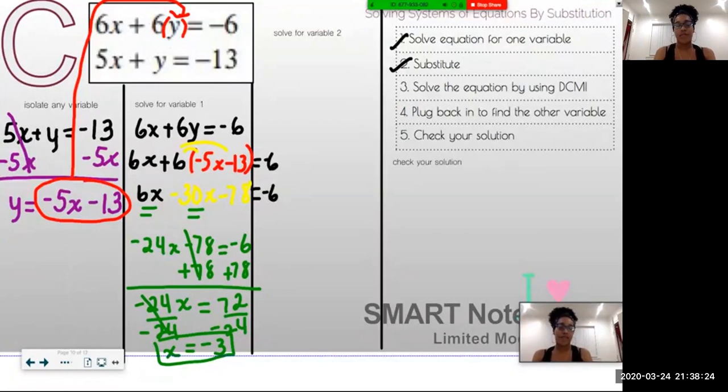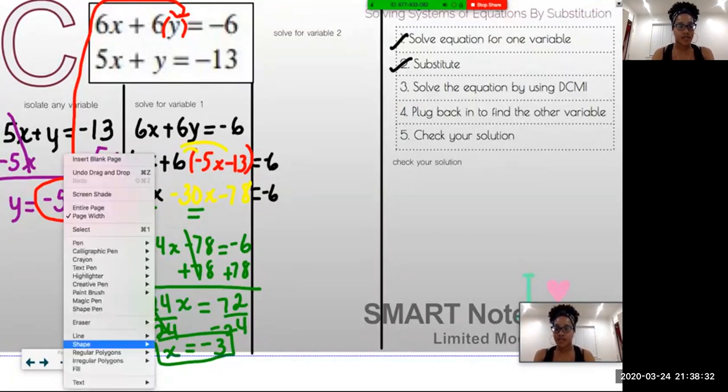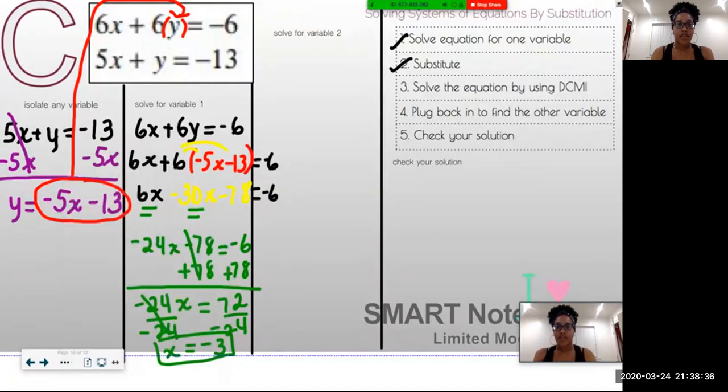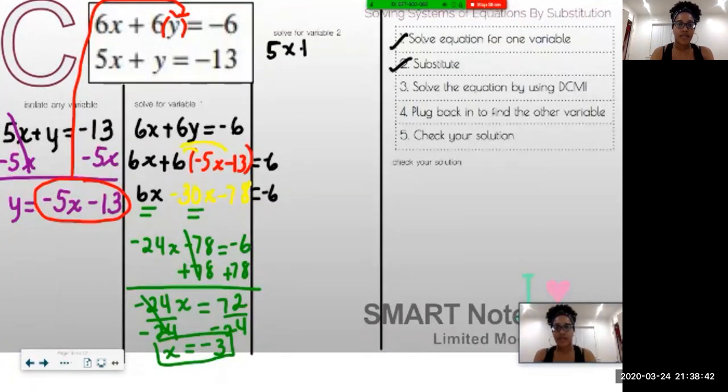Now that we know the value of x, we're gonna substitute back in. So I'll use the second one, right? It says 5x plus y equals negative 13.